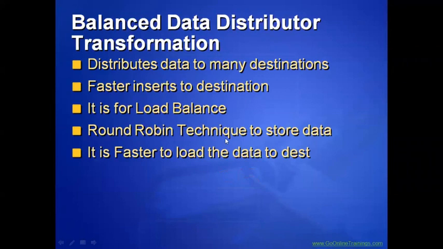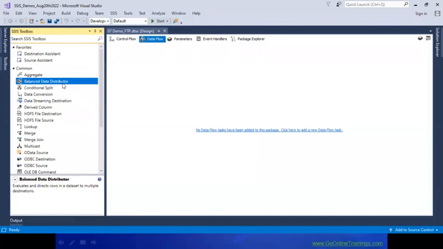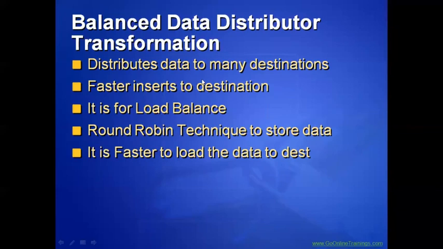The next one is called balanced data distributor. So I go here. The second one is the balanced data distributor transformation. What is it? It distributes the data to many destinations, with faster inserts to destinations.